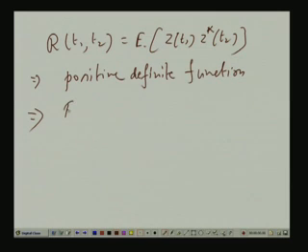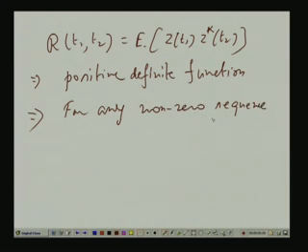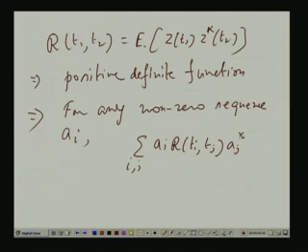This implies that for any non-zero sequence A_i, where i can be 0, 1, whatever, this is always satisfied: the summation over i, j of A_i R(T_i, T_j) A_j star.